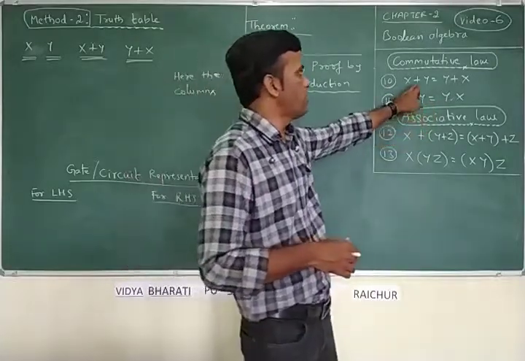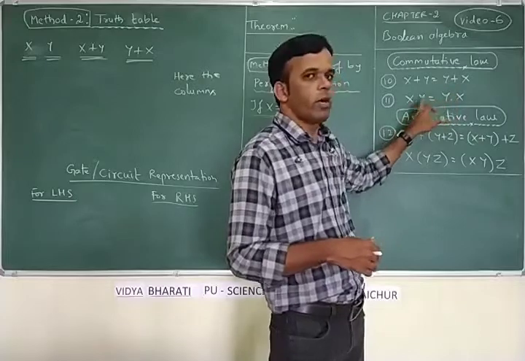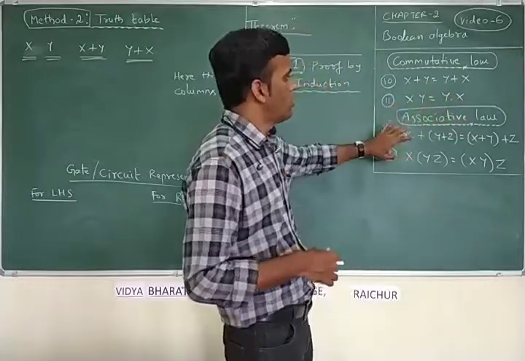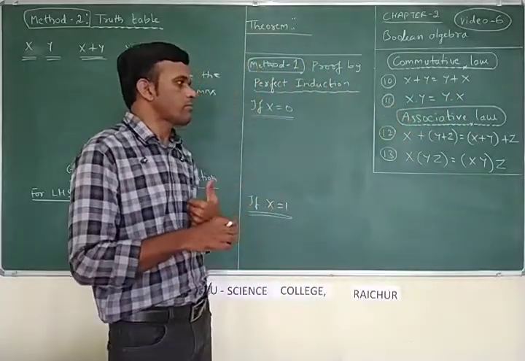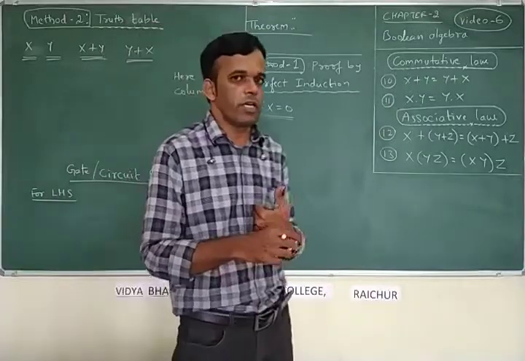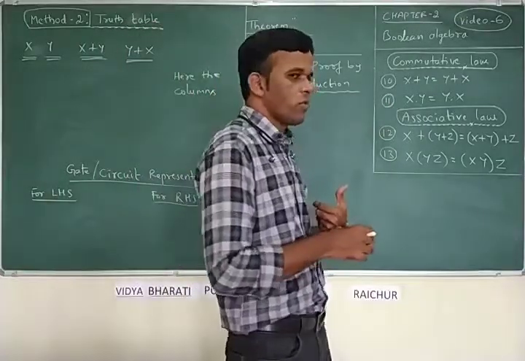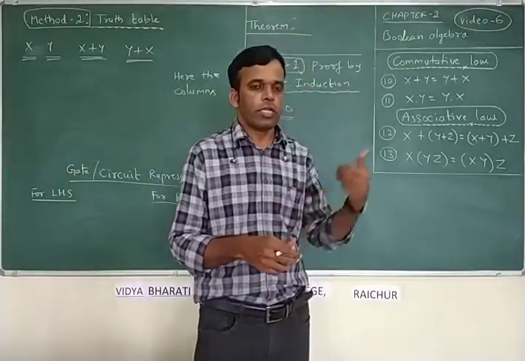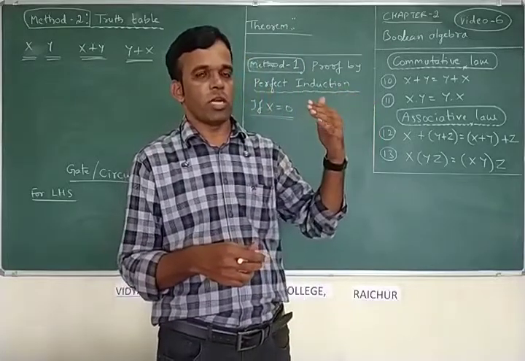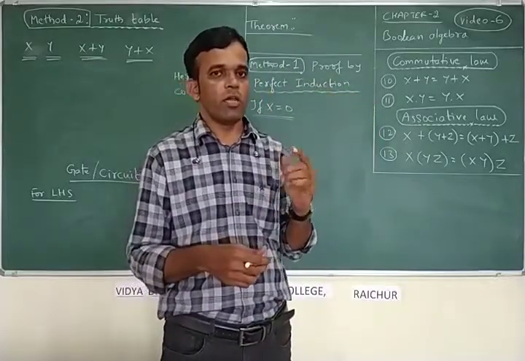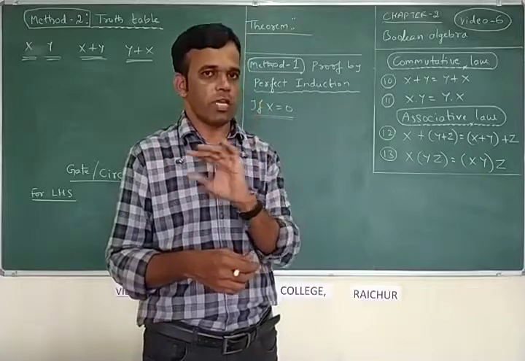Here our operator is the AND operator. In the associative law we have 3 different variables. Of course, in the last class, up to the 9th theorem, we had only one variable in the statements.